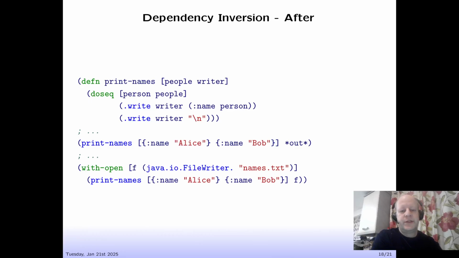The nice thing is you can still print names to standard output, but it's now also possible to print names to a file, because we decided to depend on a more abstract interface. We have now new possibilities where we can replace standard output with a file to achieve a different behavior.